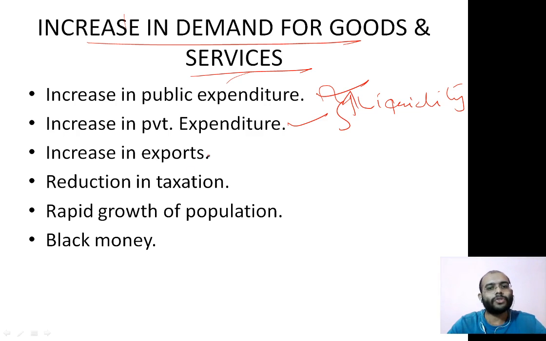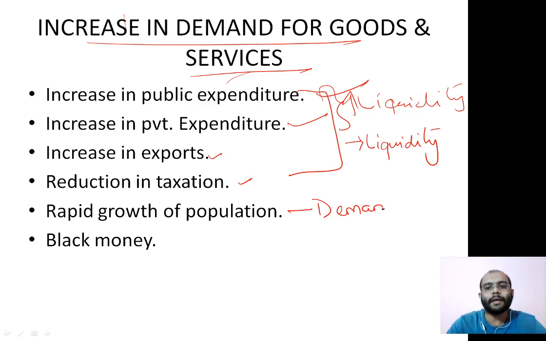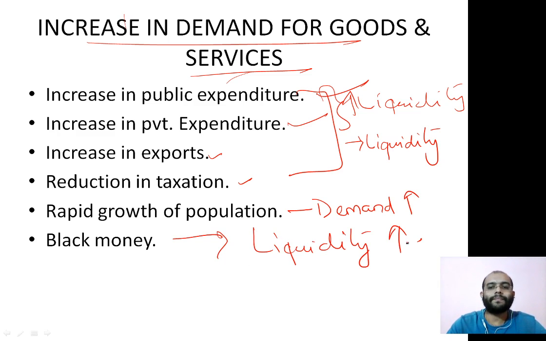Increase in exports, reduction in taxation, rapid growth of these four will lead to higher liquidity in the market, leading to more inflation. Rapid growth of population will increase the demand in the market, leading to inflation. Black money will again increase the liquidity in the market. What is liquidity? Increase in money supply in the market is called liquidity.